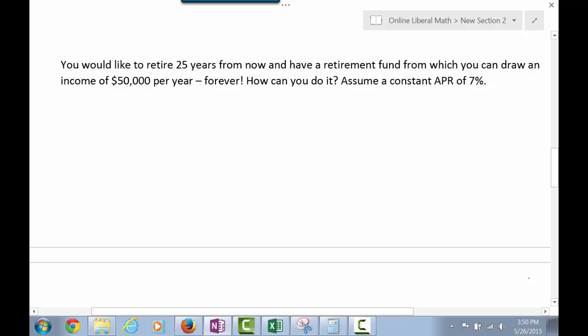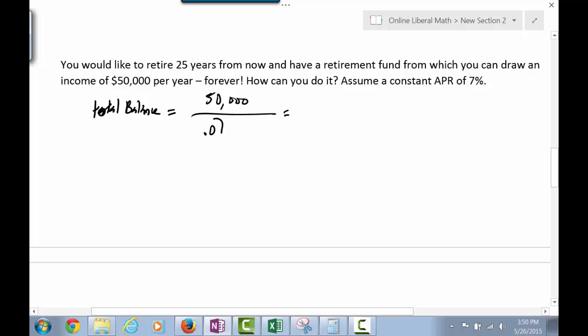So how do we do it? Based on the idea that we need a 7% APR. Well, let's start with this magical total balance that I don't know what it is yet. I know that I want $50,000 to be 7% of the overall account.